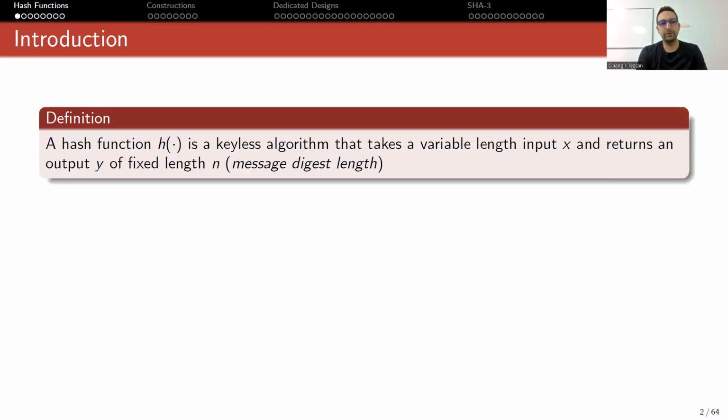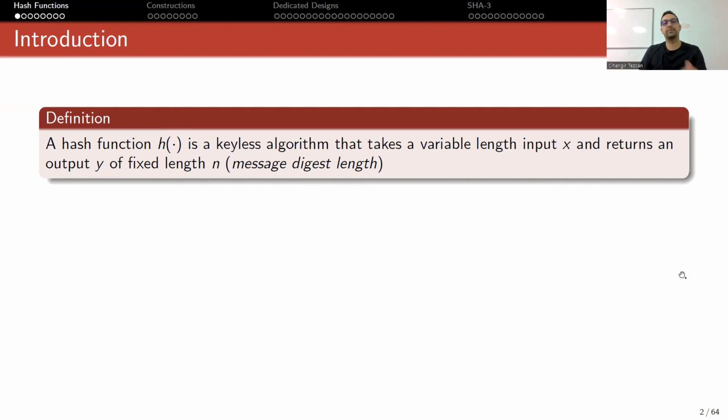So the definition is simple. A hash function h is a keyless algorithm that takes a variable length input x and returns an output y of fixed length n. Here we call y the message digest, and the size of this output is called the message digest length.